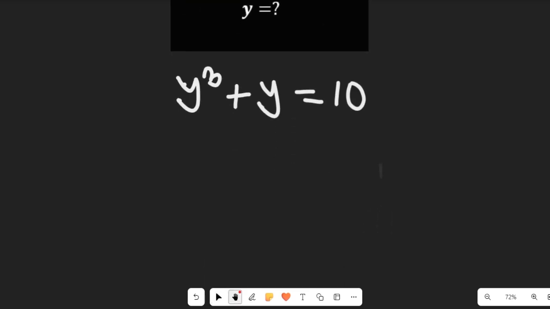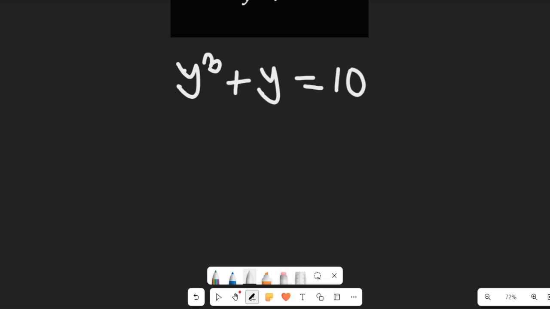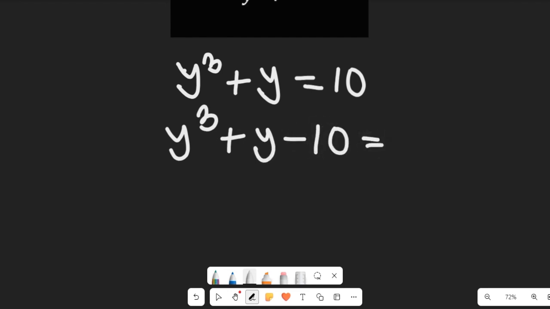In the next step, we are simply going to bring the 10 to the left-hand side. So we'll have y to the power of 3 plus y. We subtract 10 from both sides, then the right-hand side will be equal to 0.